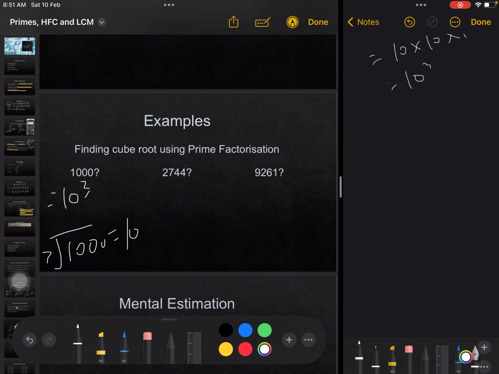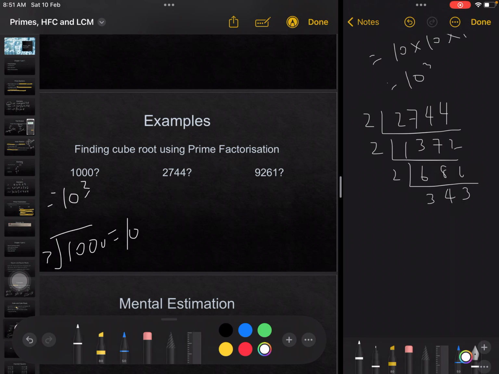Again 2744. Divide by 2, 1372. Divide by 2 again, 686. Divide by 2, go to 343.